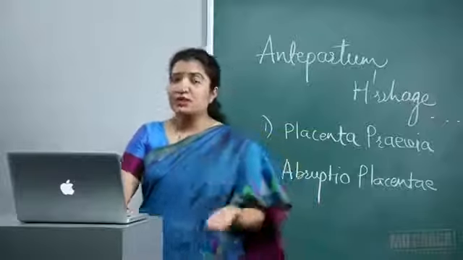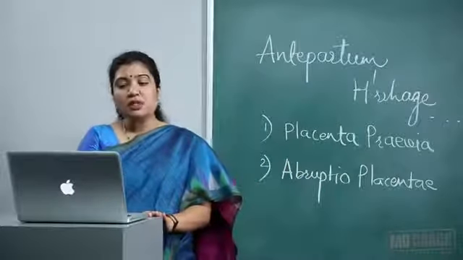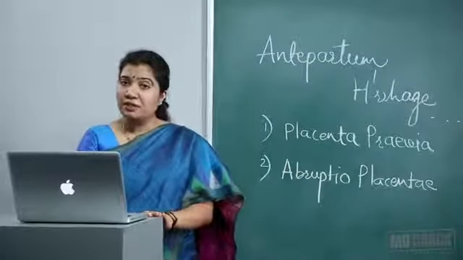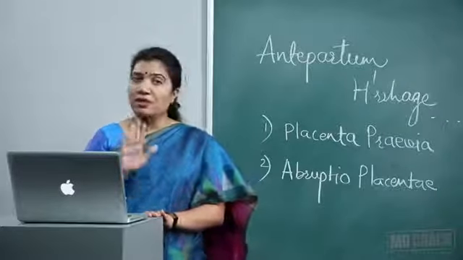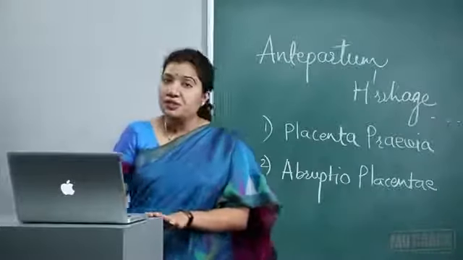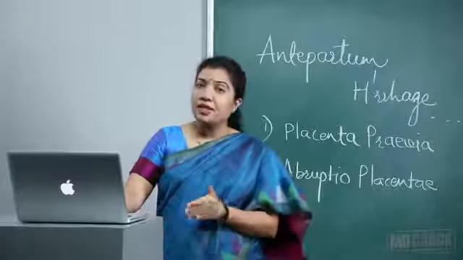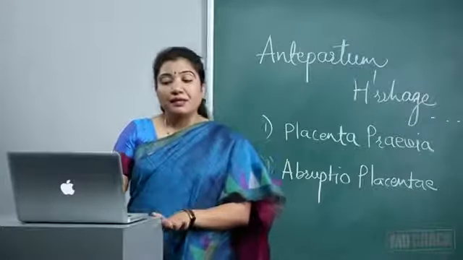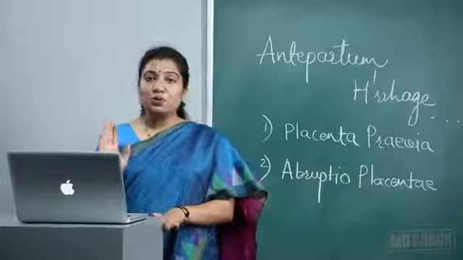Grade 2, external bleeding present or absent, uterine tenderness will be present, it will be ++. Shock is not here, but fetal distress can be there, or even fetal death can be there. Grade 3, there is fetal death as a rule.